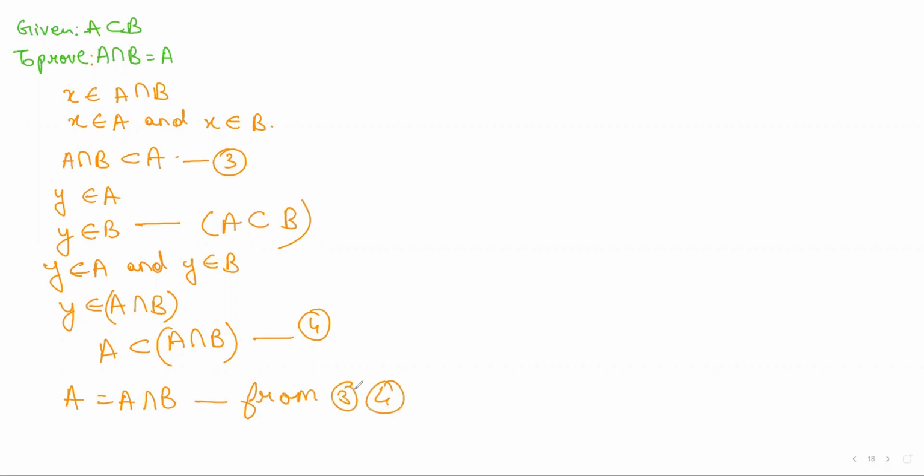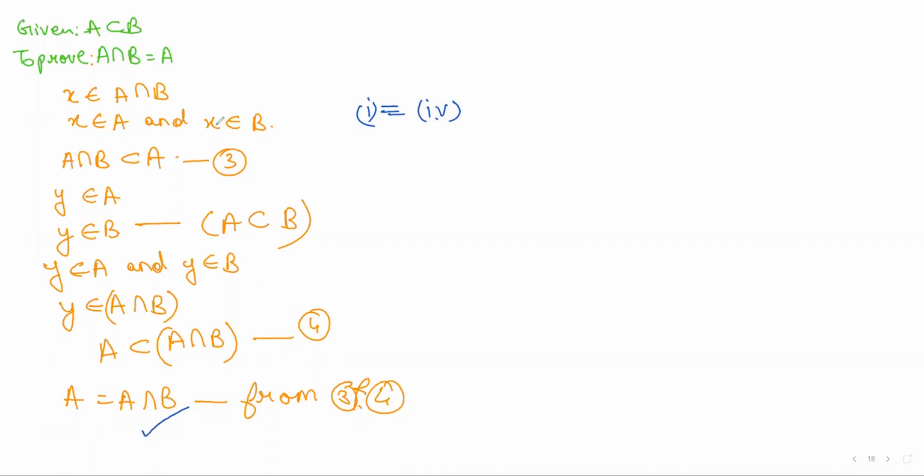You started with A is a subset of B, and you came to a conclusion of A is equal to A intersection B. That means you proved that the first condition is equivalent to the fourth condition.